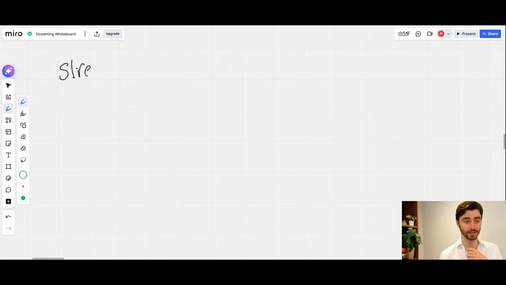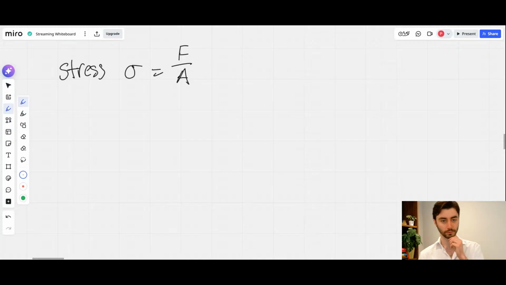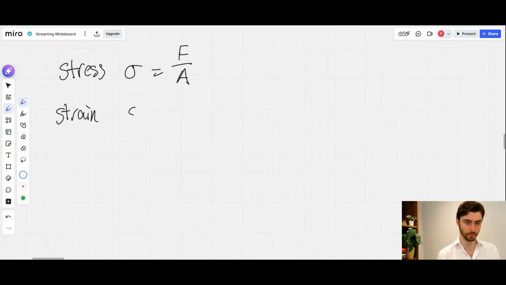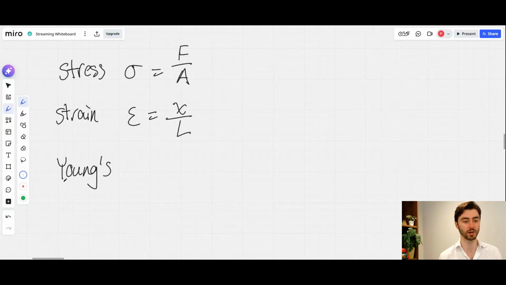So stress is denoted sigma, and that is the force per unit area. And strain is denoted epsilon, and that is the extension over the original length. And then you get Young's modulus, which is a materials constant.